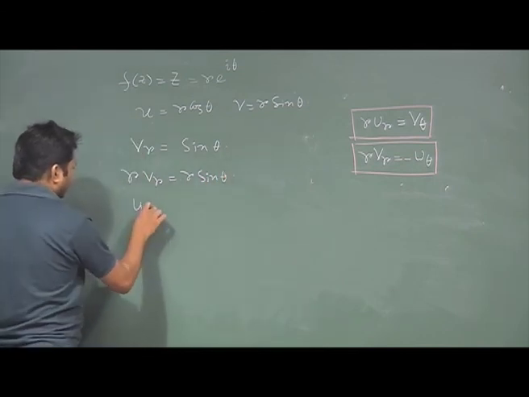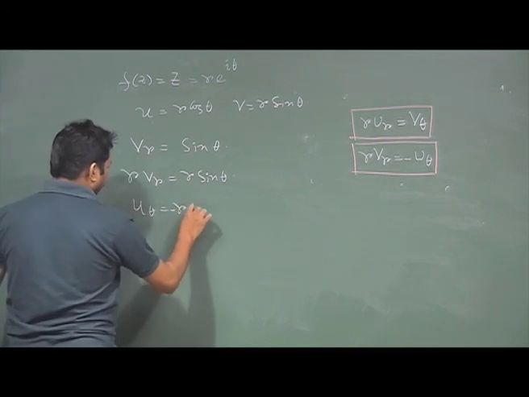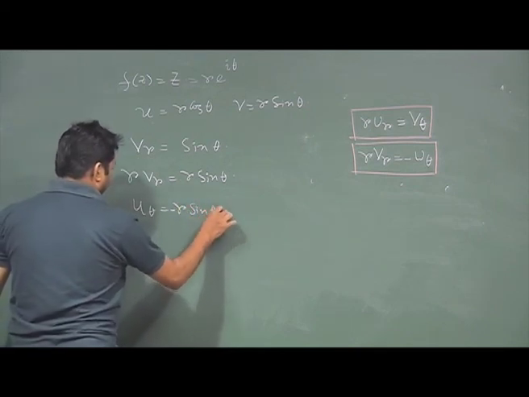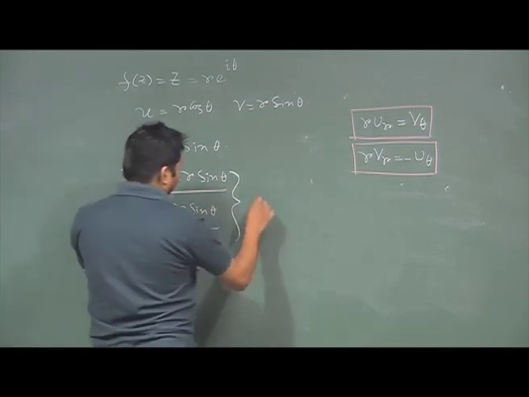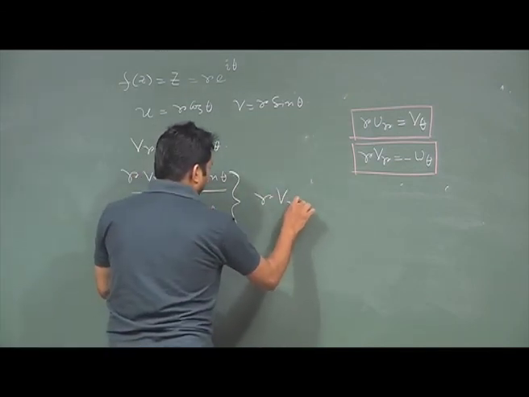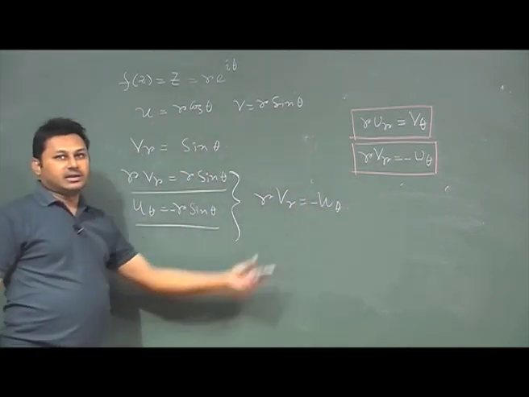And what is your u theta? u theta is the derivative of this. So, r with a negative sign, minus sin theta. So, these two are again same. So, the relationship r V r is minus u theta is satisfied here.